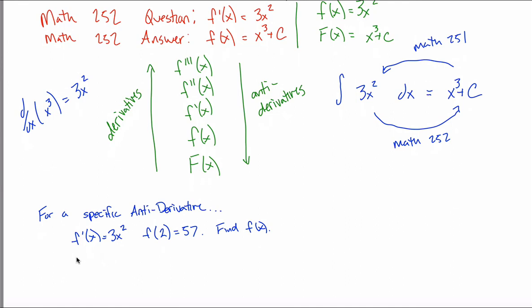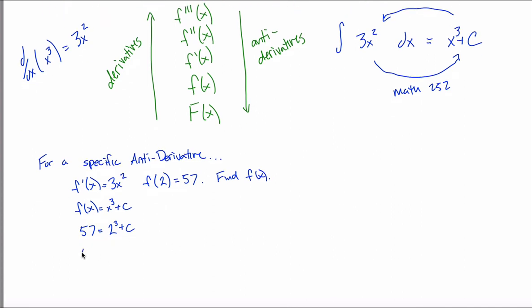How? Well, you could start out doing things the exact same way. You could say, well, f prime of x is 3x squared, so f of x must be x cubed plus c. Same logic we did here. But because f of 2 is 57, I know that if I change all of the x's into 2's, 57 must be my answer. So 57 must be equal to 2 cubed plus c.